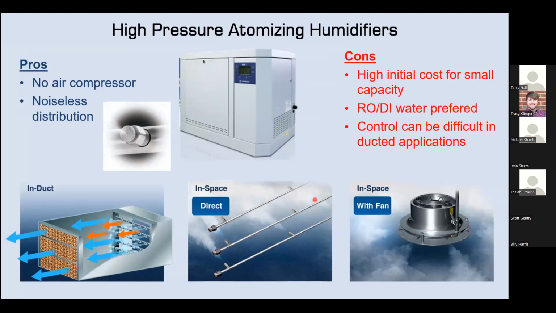And then also on adiabatic, you have the high pressure atomizing humidifiers. These are really good in space. I'd say they are the best application where you have a large air mass that can absorb the little moisture droplets that it's generating. Ducted is a little bit harder, but still possible. You can use a droplet separator that's pictured in the lower half, and you might need some preheat.